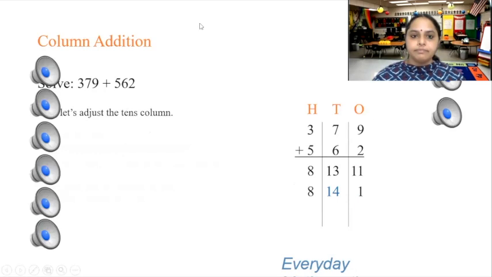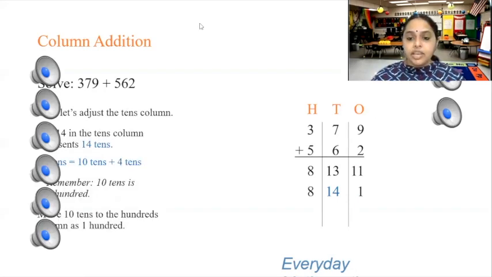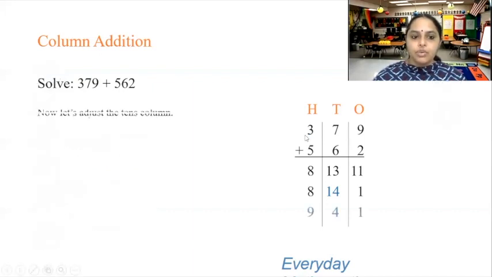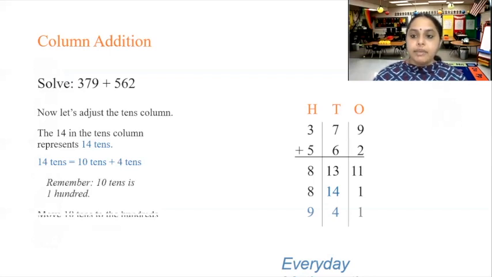Of the 14 tens, we keep 4 here and give the rest to the hundreds place. So we will carry forward. 14 tens means 10 tens plus 4 tens. 10 tens means 100, so we are giving 1 to the hundreds.